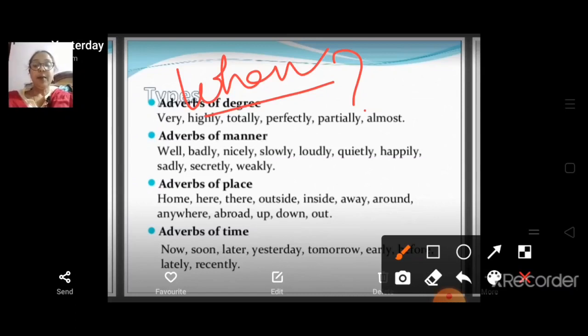If I give you one example of this: the conference began early, or she will come tomorrow.